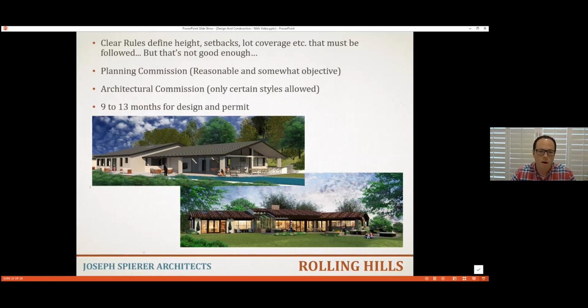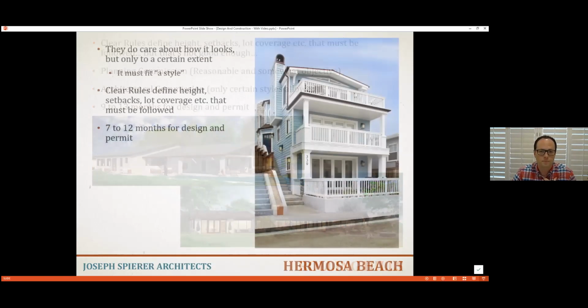The top one is Modern Ranch, one that we designed, and the bottom one is what's called Early California Ranch. But you can see it's still ranch style. You can still do something beautiful.